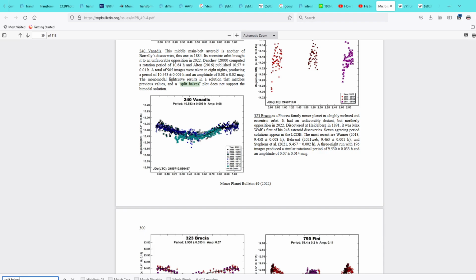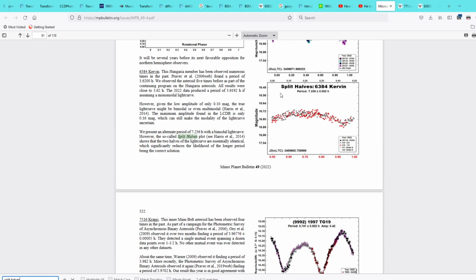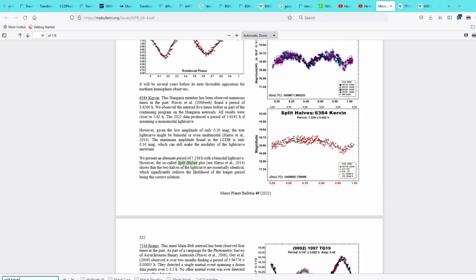Well, with split halves, they are essentially taking the two halves of the phase curve and overlaying one on top of the other to determine if there exists symmetry. Here's one, where they are showing a split halves plot. If they are symmetric, then they can be overlaid one on the other, and that would indicate that the bimodal solution is simply a repetition of the monomodal solution.